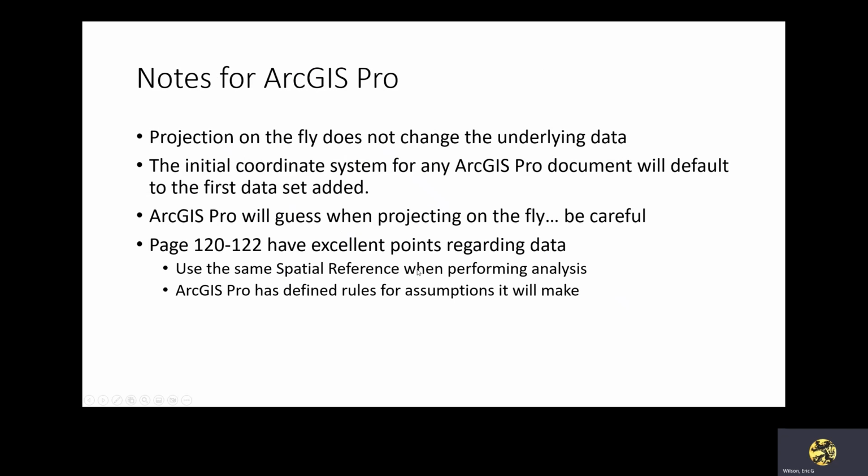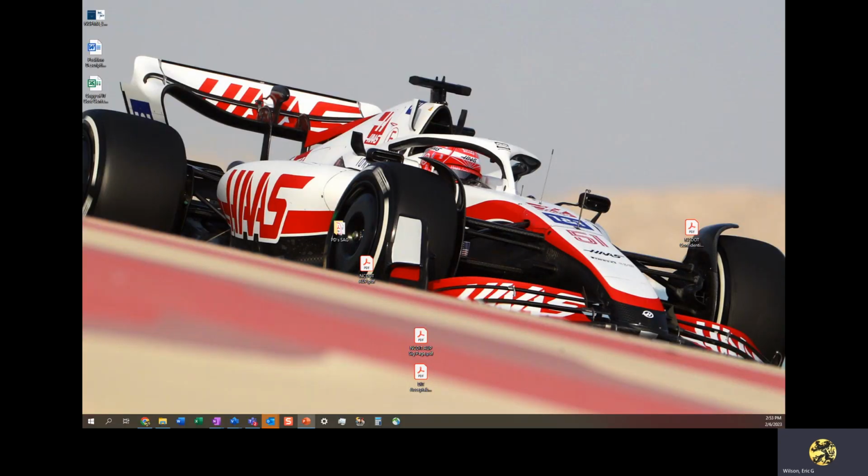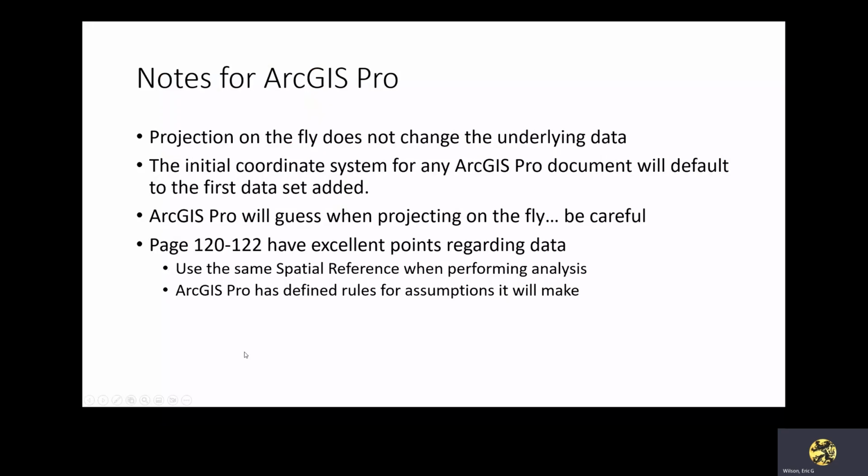In relationship to ArcGIS Pro, a couple things. There's a function in ArcGIS Pro which is called projecting on the fly. It's important to note that what that means is that you've got data that's stored as part of its source. So let's go back to our graphic here. We'll scroll back.